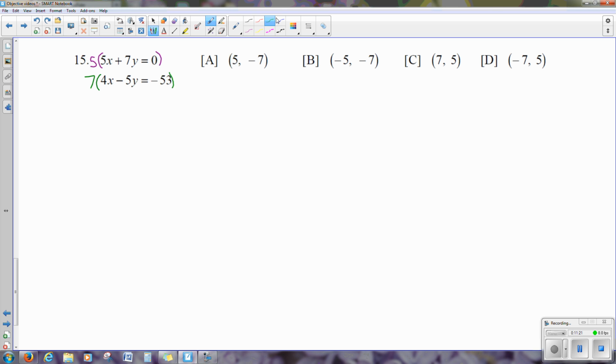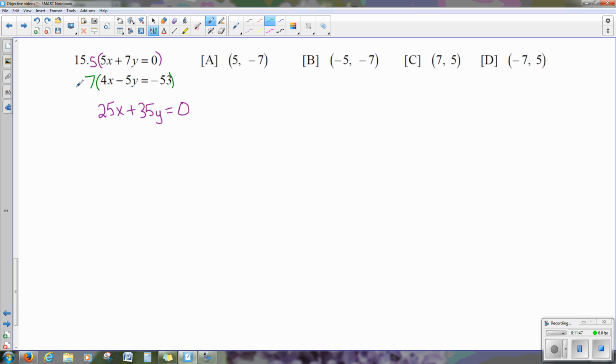All right. So 5 times 5x is 25x. 5 times 7y, we get 35y. And then anything times 0 is 0.